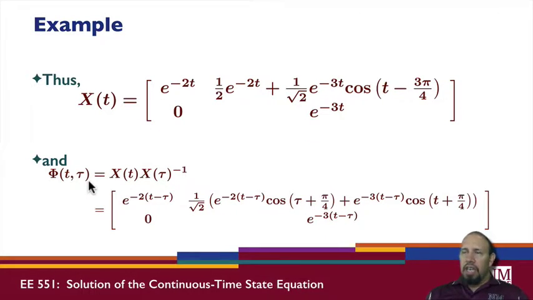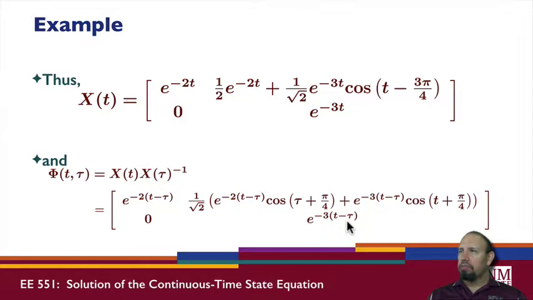The state transition matrix then is x of t, x of tau inverse. So if I take this matrix, then take a copy of it, substitute tau in for wherever I see t, take the inverse of that matrix, and multiply by the original matrix, I get all of this stuff. This is the state transition matrix. So we can actually compute the state transition matrix, and here it is.